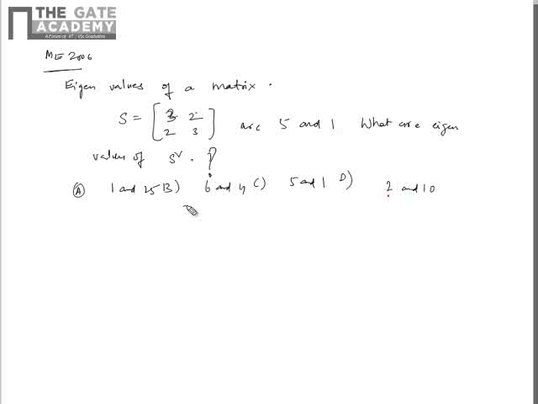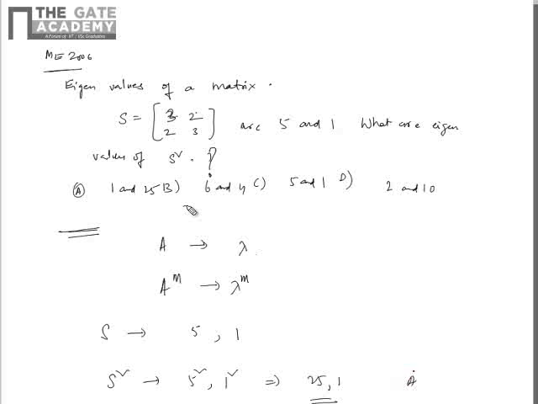If you recall what we studied in properties, if you have a matrix A and its eigenvalues are lambda, for matrix A power m the eigenvalues will be lambda power m. Similarly, because S has eigenvalues 5 comma 1, for S square it will be 5 square comma 1 square, that is 25 comma 1. So the answer is 1 and 25, option A.